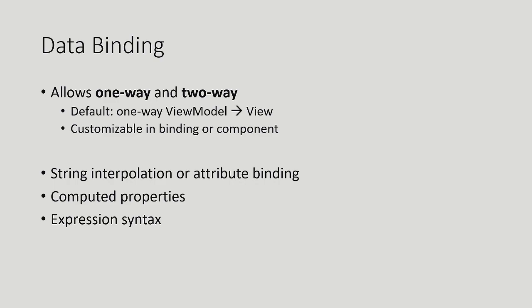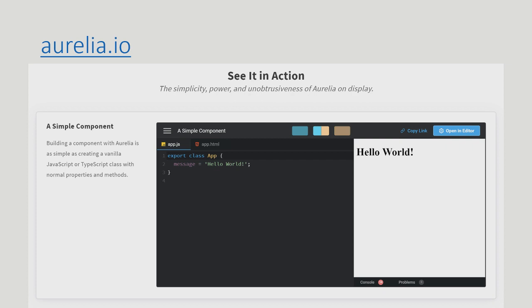Expression syntax is probably better to just show you later. In the next part, I'll show how you can actually get started with Aurelia. If you have just 1 minute, this is probably the best place to start.